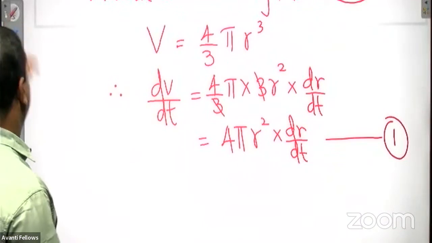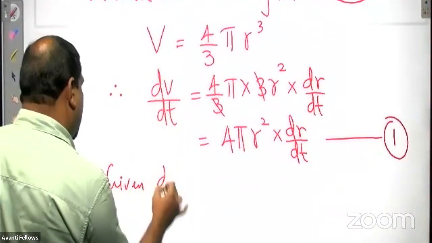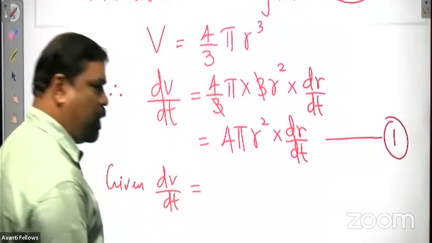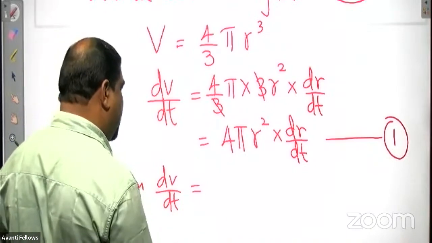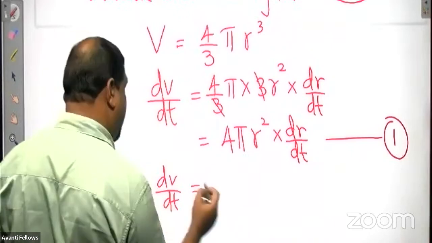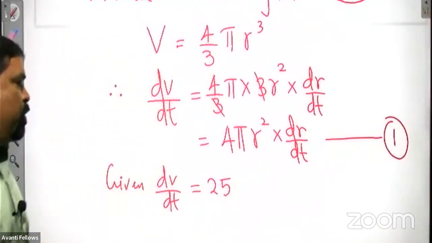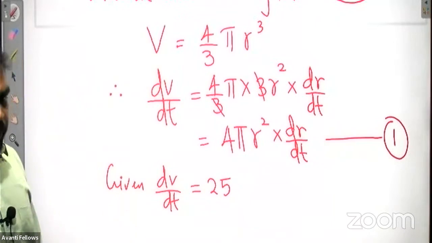Given dV by dt, the rate of change of the volume. Sorry, dV by dt is always the same. It is 25 centimeter cube per second. So dV by dt is 25.